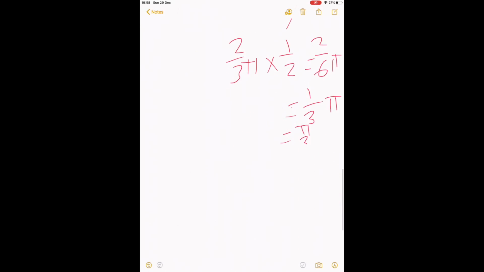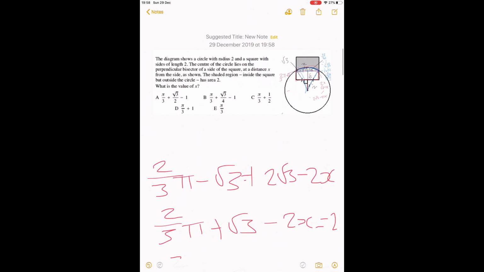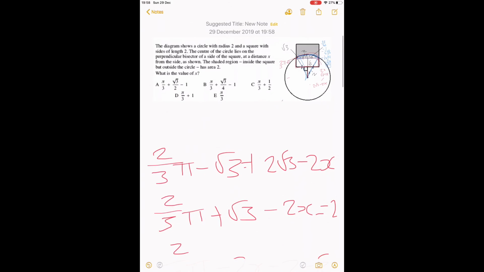So then you just have minus 1 plus root 3 over 2 plus pi over 3. Okay, so that is A. So the answer is A.